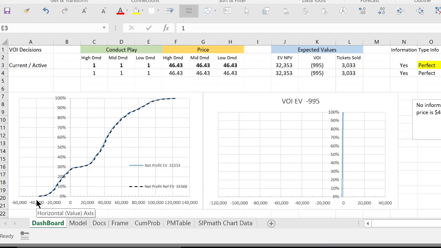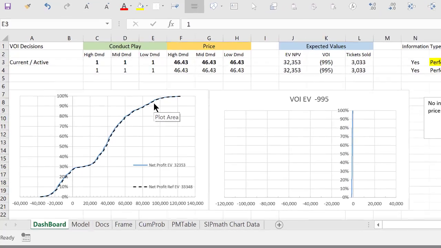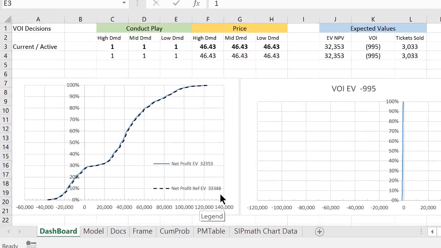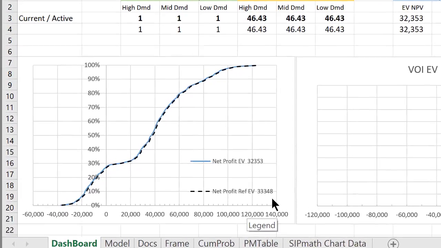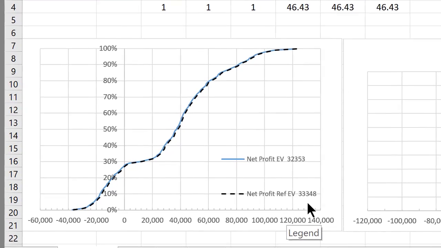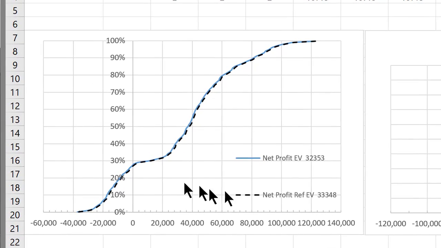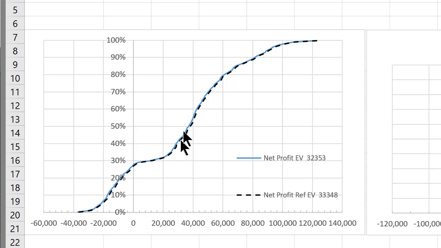First of all, over here on the left, the black line represents the reference case with an NPV of 33.3. And the blue line represents the current or active case, which is shown as 32.3, roughly $1,000 less.